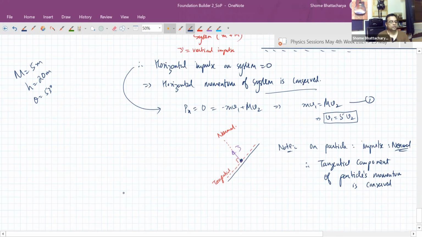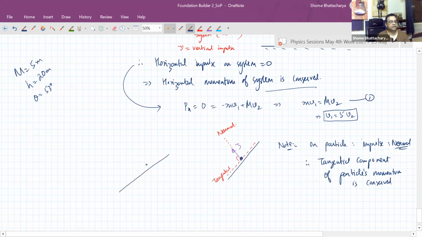Okay, so that will show us that before impact, the particle had a velocity v naught like this, where with respect to the tangential direction and normal direction, this angle was theta, and after impact, the particle is having a horizontal velocity v1, where this angle is theta.